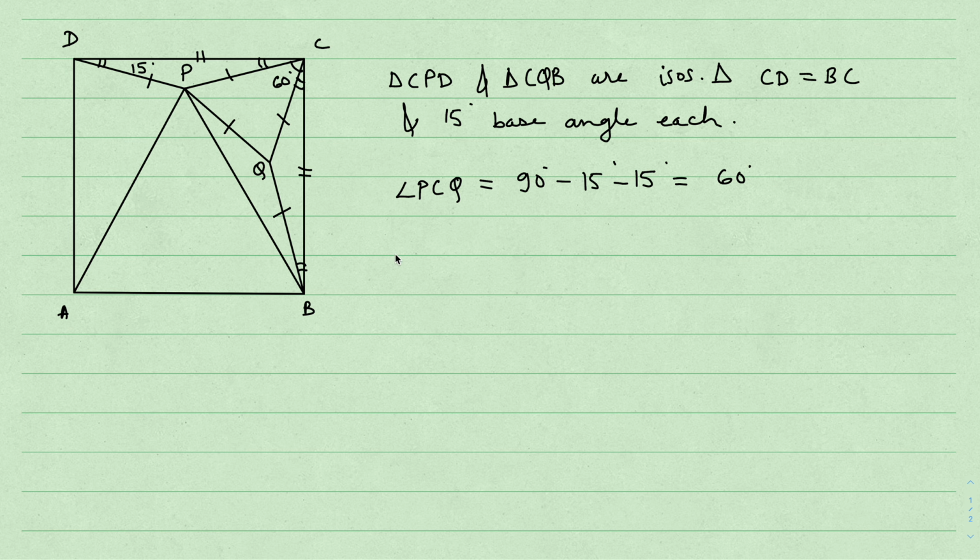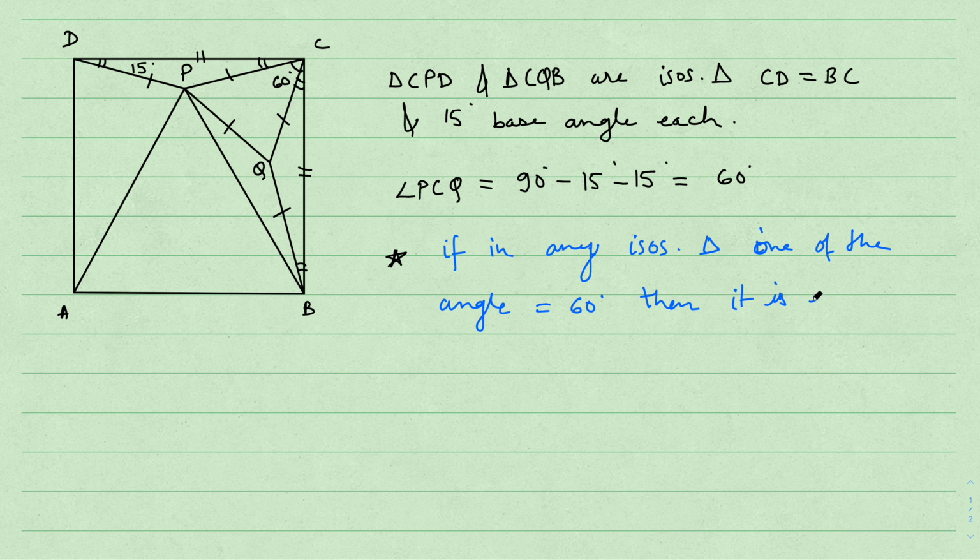Hence, one important point to note is that, let me highlight it with the blue color, that if in any isosceles triangle one of the angles equals 60 degrees, then it is an equilateral triangle.